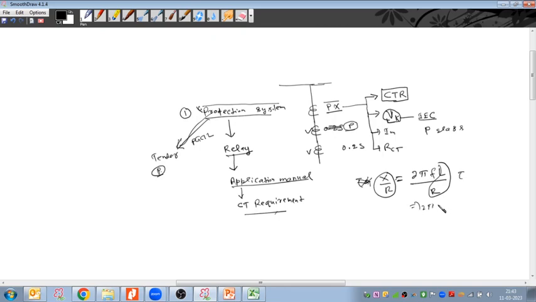So X by R is 2 into pi into f into tau. Tau is already calculated, so we can easily calculate the source X by R ratio.